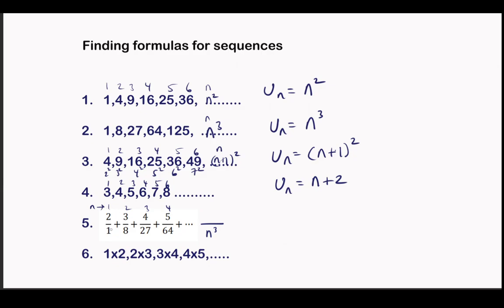And if you just cube those numbers, you'll get the numbers on the bottom of the fraction. What about the numbers on the top of the fraction? How do we get from the n numbers to these numbers? Well, hopefully you can see they're just one bigger, aren't they? So it would be n plus 1 to get the top numbers, and n cubed to get the bottom numbers. So our formula will be this.